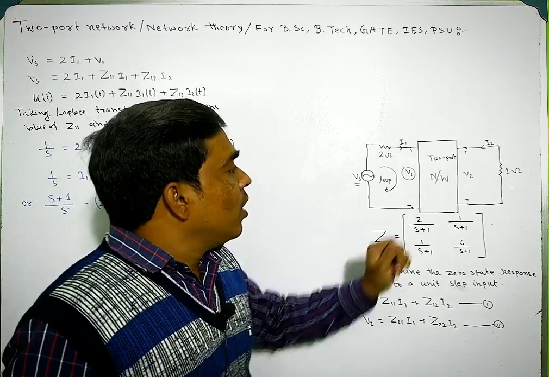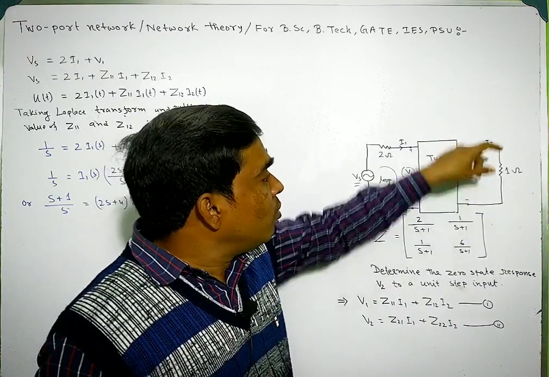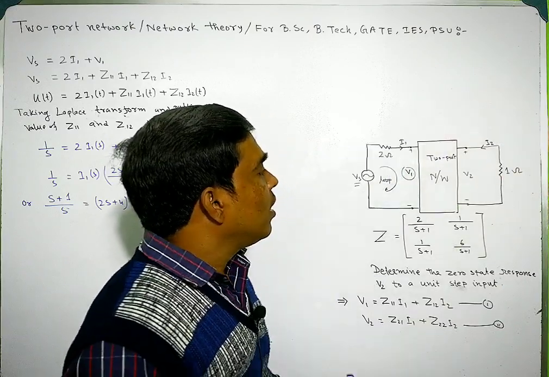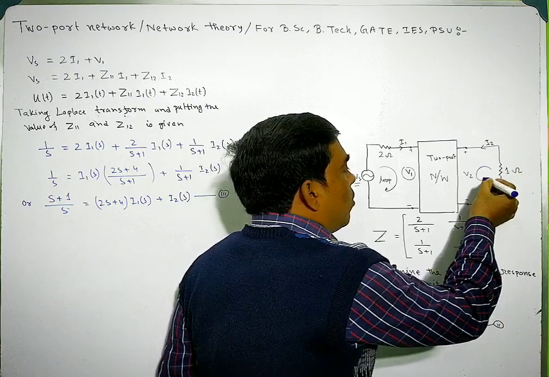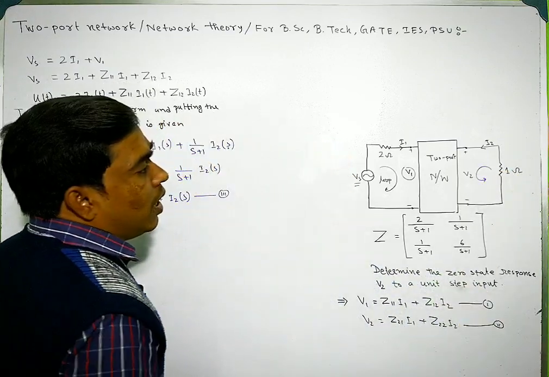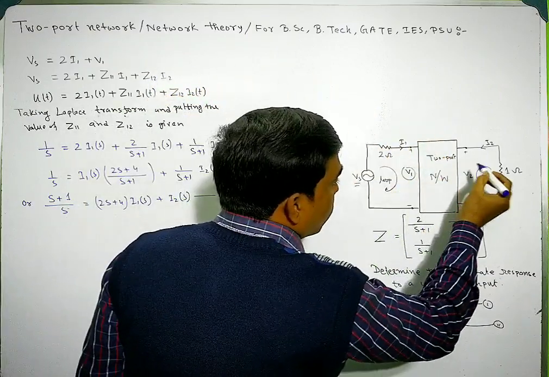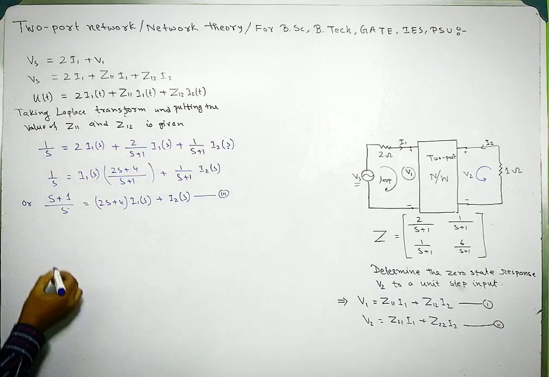Now to calculate V2, you have to find I2. So if I take this loop, I will find what V2 is.